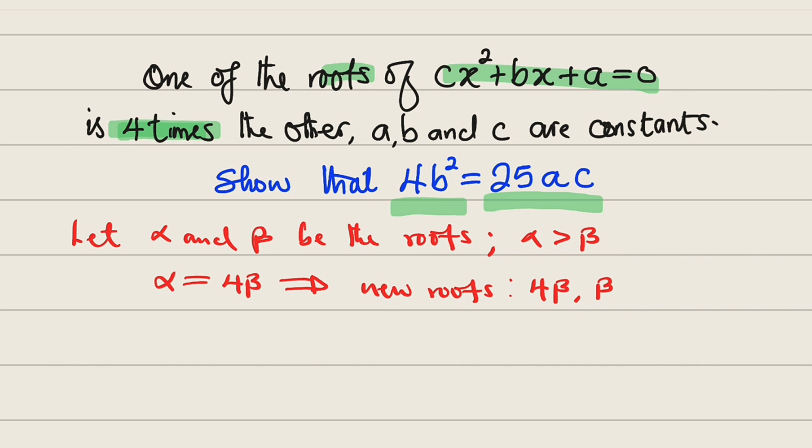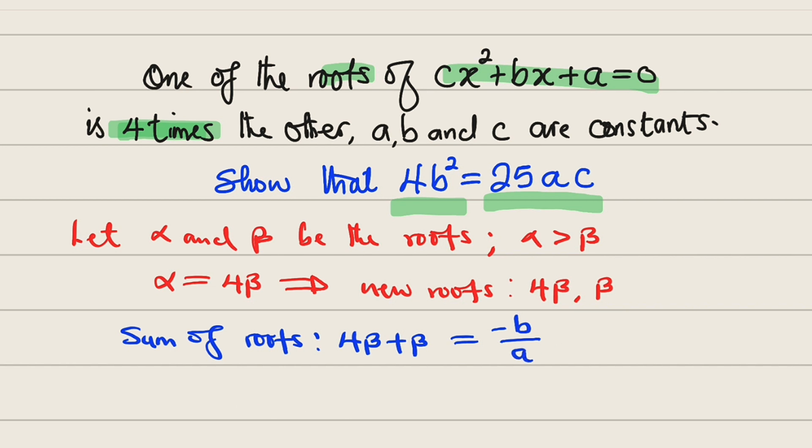The first thing we need to find is the sum of the roots. The sum of roots will be 4 beta plus beta. And you know from the formula it can be obtained by taking negative the coefficient of the middle term, which is b, divided by the leading coefficient, which is a.